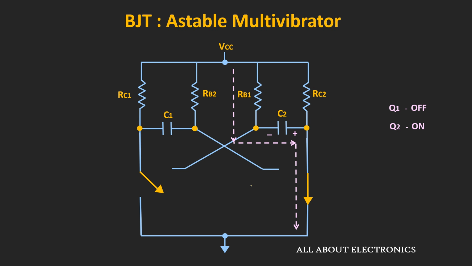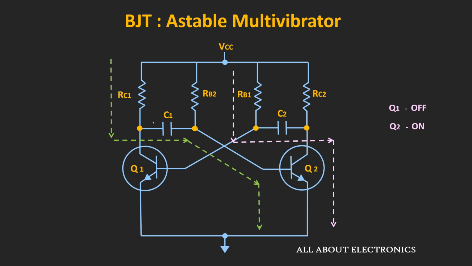So in this condition, when Q1 is off and Q2 is on, then this capacitor C2 charges in the reverse direction through this resistor RB1. While on the other end, this capacitor C1 will charge through this resistor RC1. So this capacitor C2 will charge towards the voltage VCC, while this capacitor C1 will charge up to the voltage VCC minus VBE.